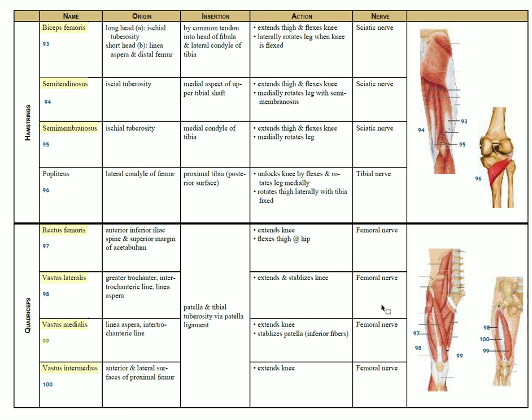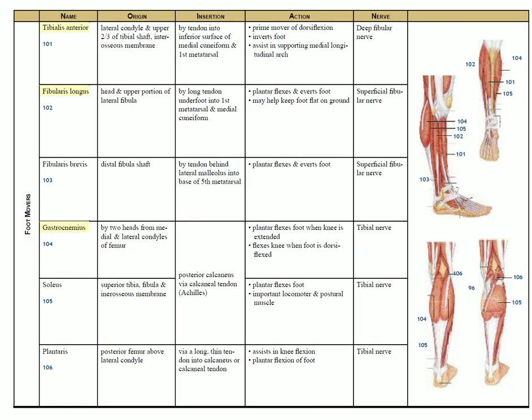So those are our quadricep muscles. 97, rectus femoris. 98, vastus lateralis. 99, vastus medialis. And number 100, which is our vastus intermedius.